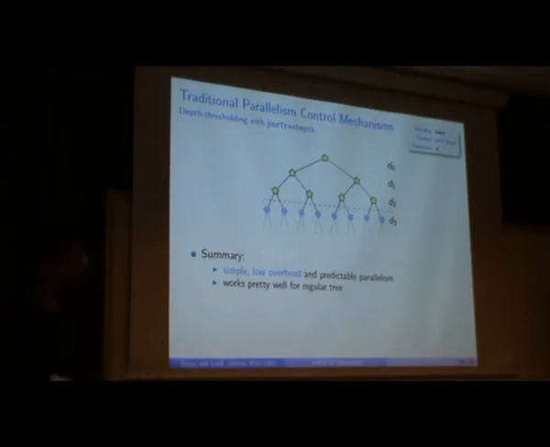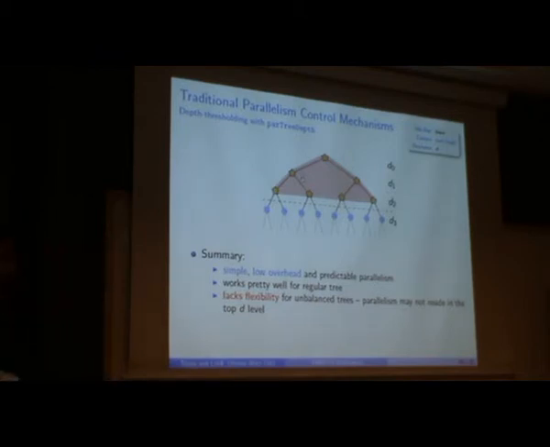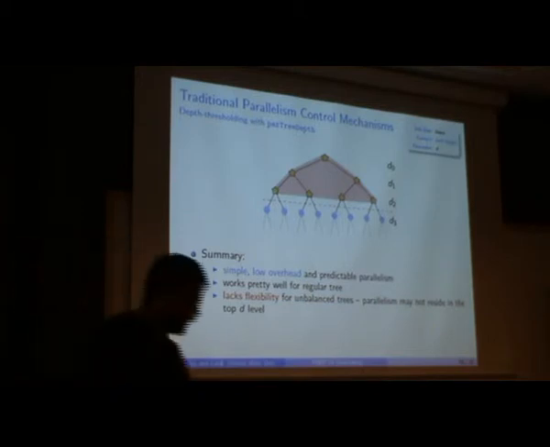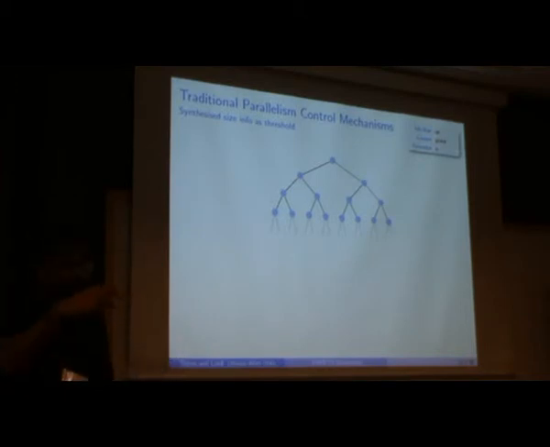It works pretty well for regular trees, but the problem is it lacks flexibility, especially for unbalanced trees, where the parallelism may not actually reside in the top d levels that we have sparked. So we have another basic parallelism control, which we call size annotation. In this version, we use the size information on each node before creating a spark. If the size is already encoded in the tree, that is fine, you can make use of that.